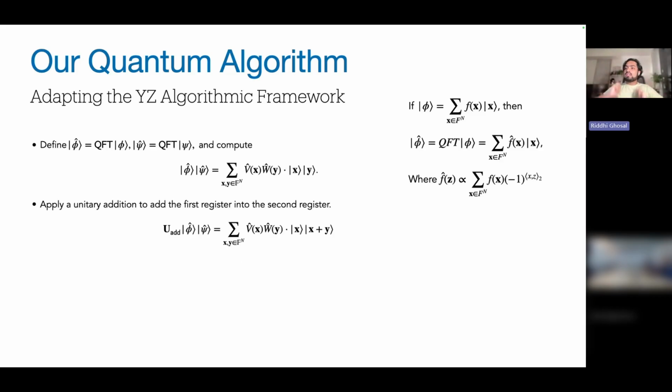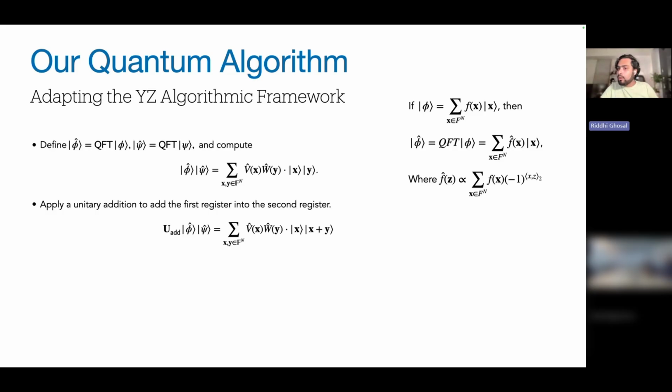And then the first step that you usually do is you take an addition unitary and add the two states together and store it in, let's say, the second part of the register, right? So you add this unitary on phi hat and psi hat, and you can get x plus y. This can be done easily.